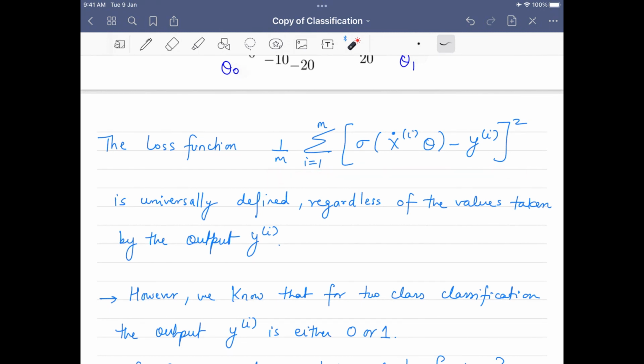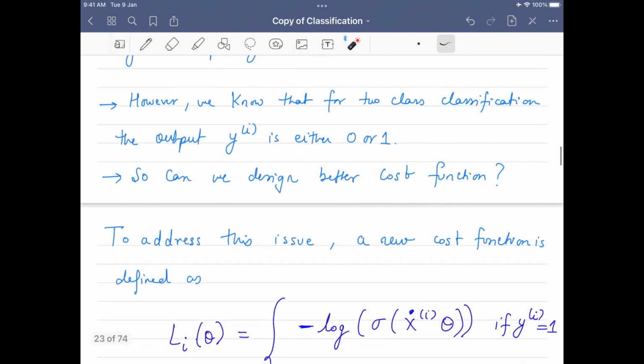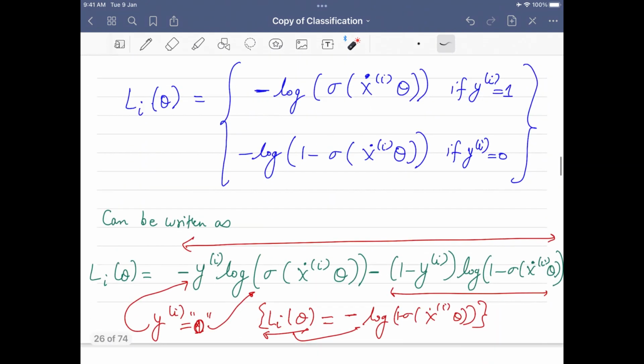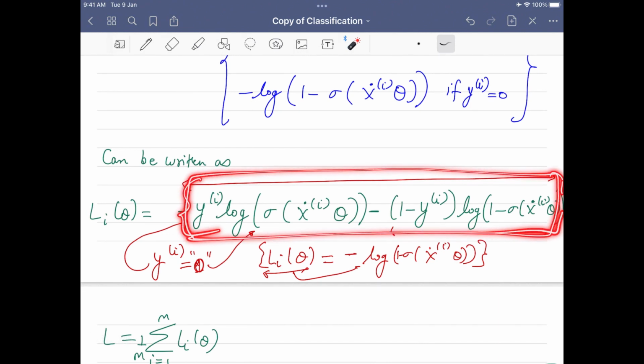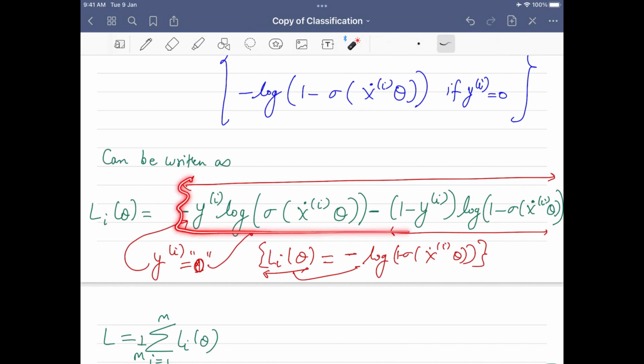But we found out that because you incorporated this sigma into this cost function, which was convex in case of linear regression, it became non-convex in the classification setting. So that is why we are coming up with the new cost function for the classification setting. This is the new cost function, and it is also called the binary cross entropy loss function.